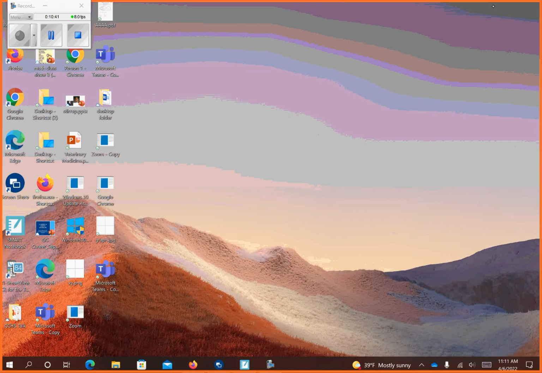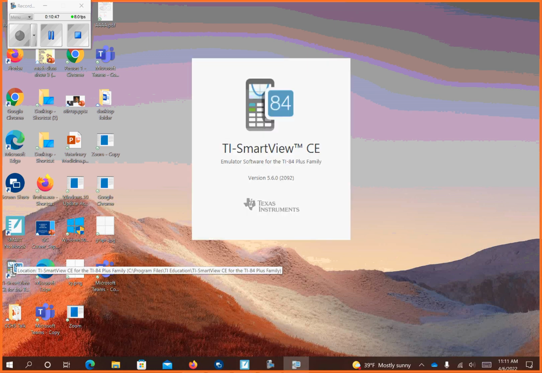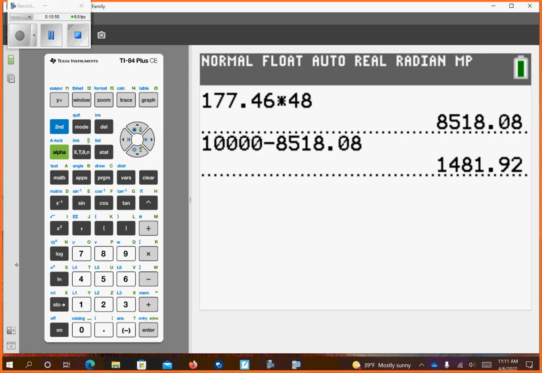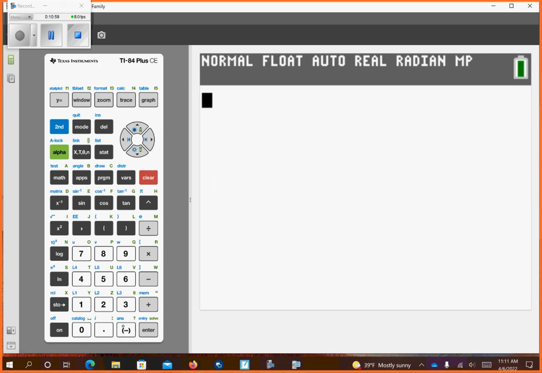So I'm going to pull up a graphing calculator. You know deep down inside, anytime I square a negative number, it's positive. But watch what happens here. So -4 squared.